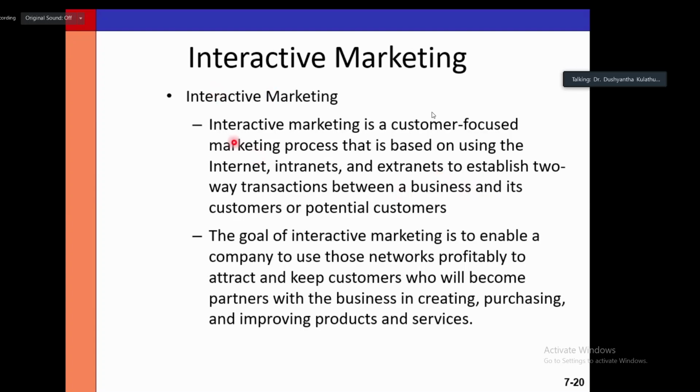Interactive marketing here basically focuses on utilizing the internet and other networks to establish direct linkages with individual customers. So if you use any tools to establish these direct linkages, we can call it interactive marketing.